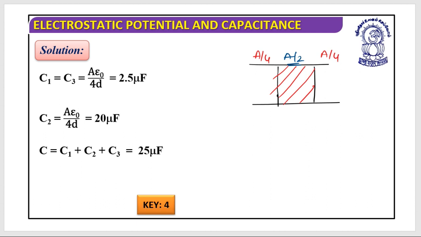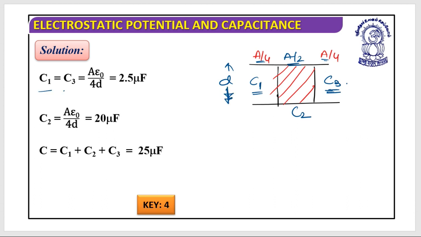So if I consider this as the first capacitor, this as the second, and this as the third, let's write down the values of C1, C2, C3. I know that C1 and C3 have the same cross-sectional area, and the separation between the two plates is D only.